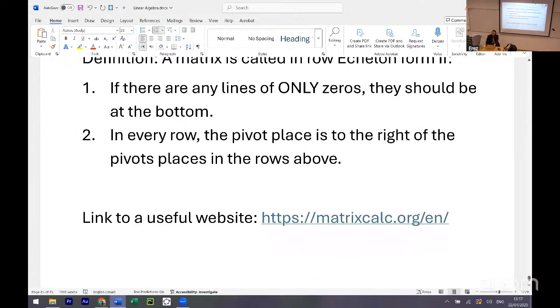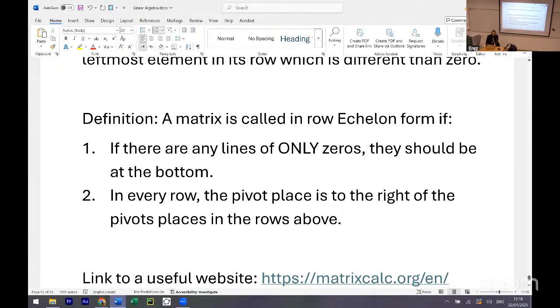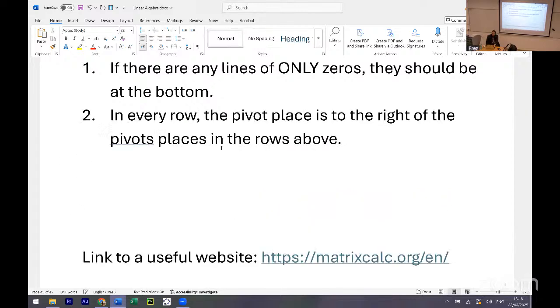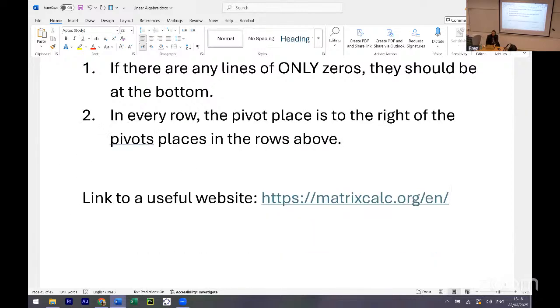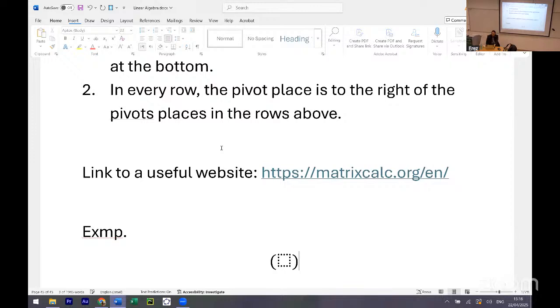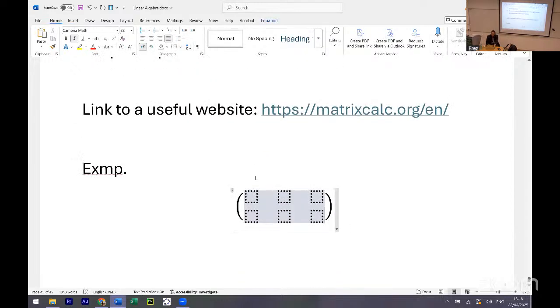Let's look at a couple of examples to understand what I'm actually saying here. So, examples. And let's look at this matrix. 3, 4, 5, 6.